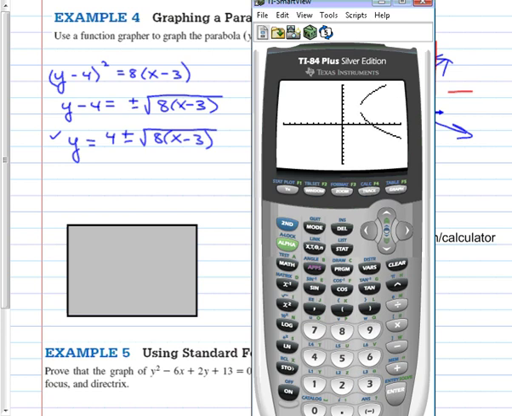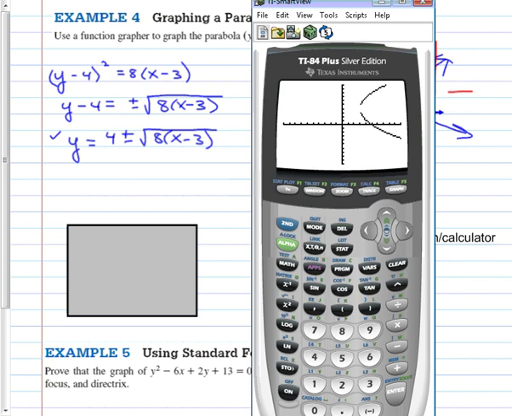Notice any problem? It doesn't really connect, just because of the resolution of the screen. Look in your book at example number 4. Does it give a dimension on the window? I think they have a graph, don't they?